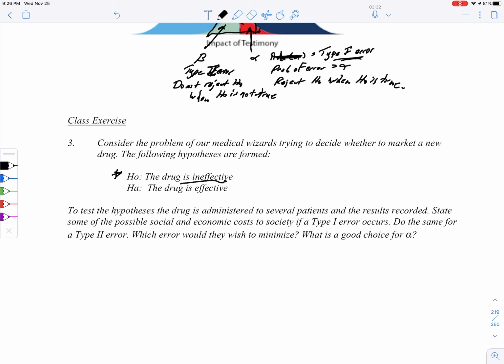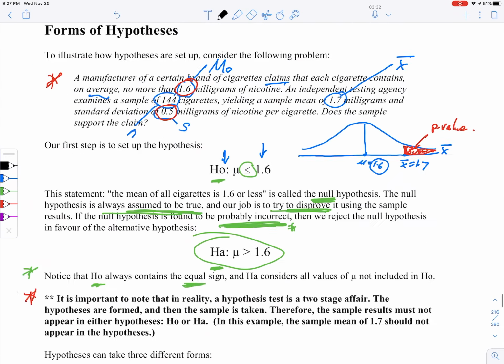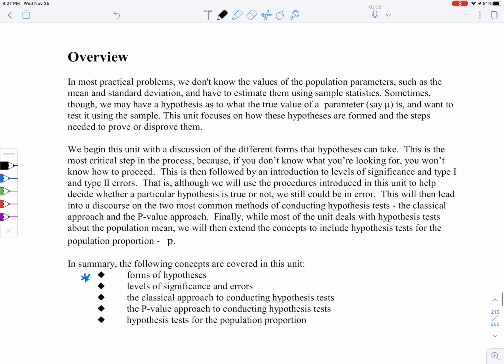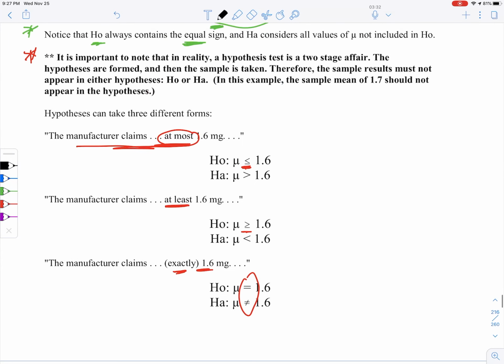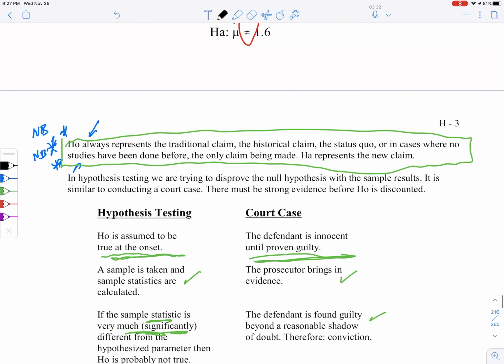The drug, or the vaccine in this particular case, is ineffective. That's the conservative statement, right? So remember way back here we said, I want to go back to this really important statement here, where I said, right there, H0 always represents the traditional claim, the historical claim, the status quo.